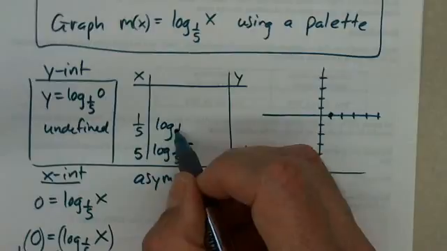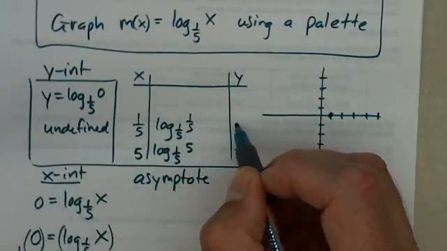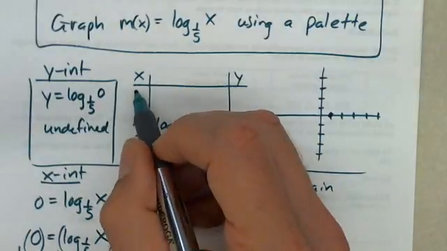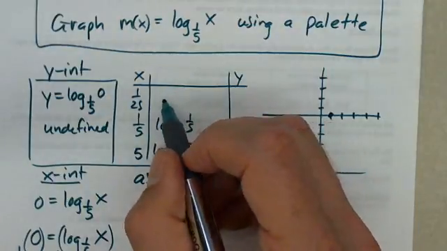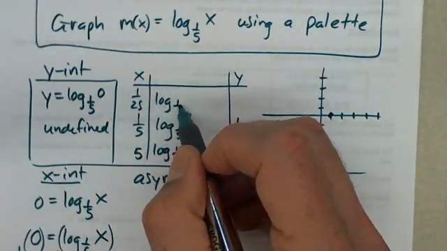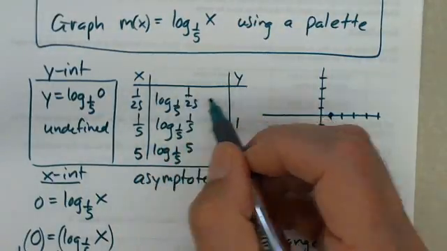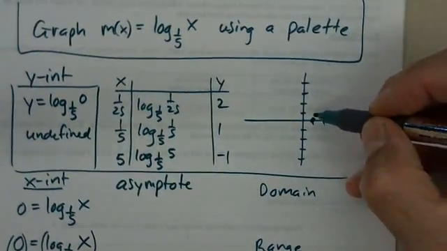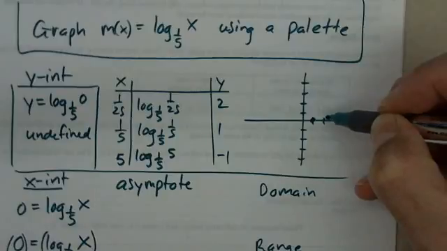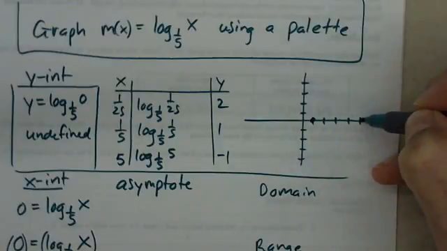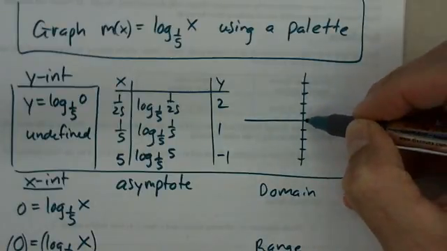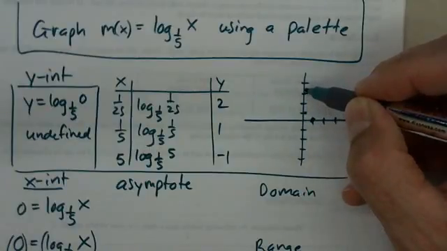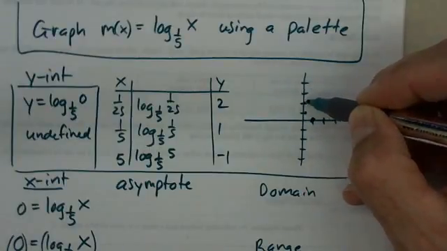To what power do we raise 1/5 to get 1/5? 1. We could even go to 1/25. To what power do we raise 1/5 to get 1/25? That'll be a 2. So at 5, we'll go to -1. At 1/5, we go to 1, and then it goes up to 2.